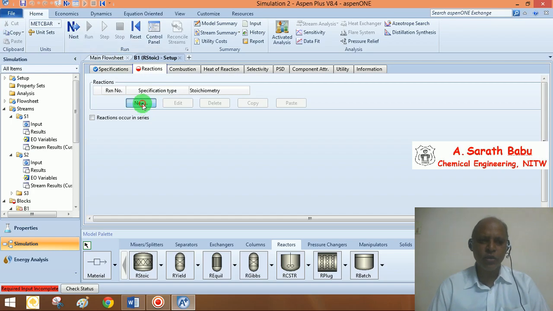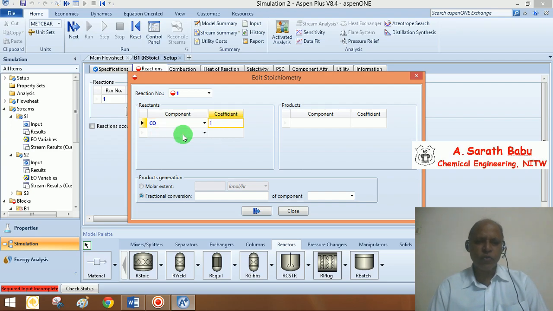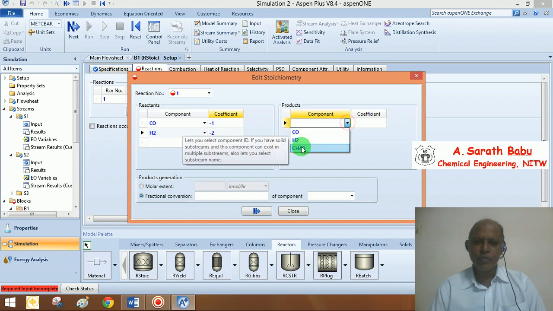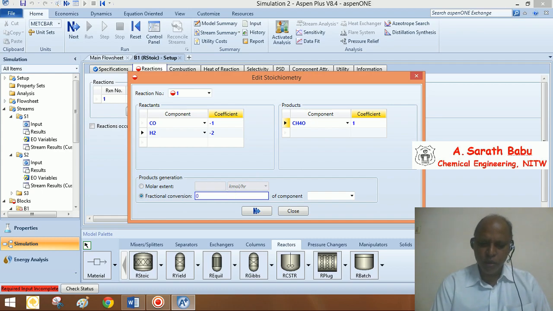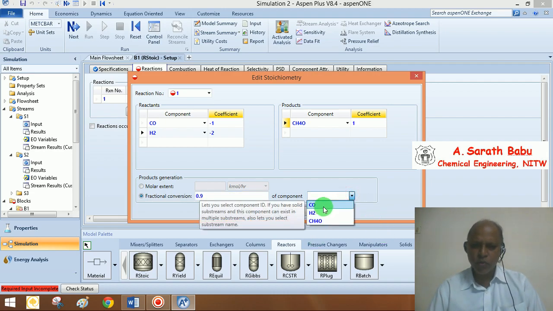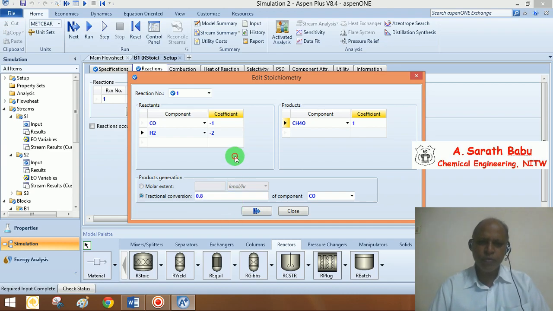So say next, new, choose the reactants and products. Carbon monoxide, stoichiometric coefficient is 1, hydrogen, stoichiometric coefficient is 2, and then the product is methanol, stoichiometric coefficient is 1, and the fractional conversion has been given to be 0.8 with respect to CO. Now we were able to specify the reaction.